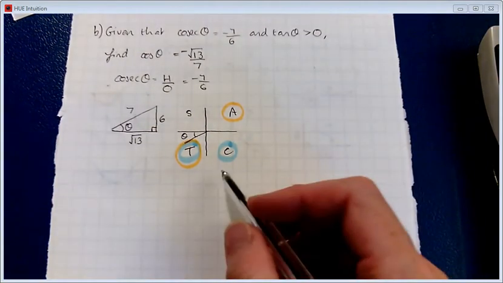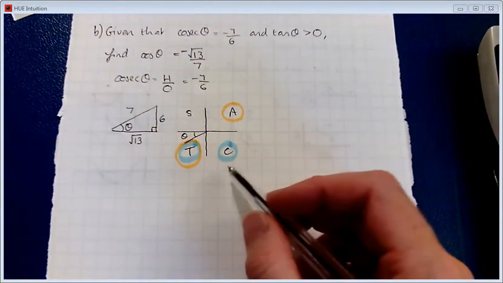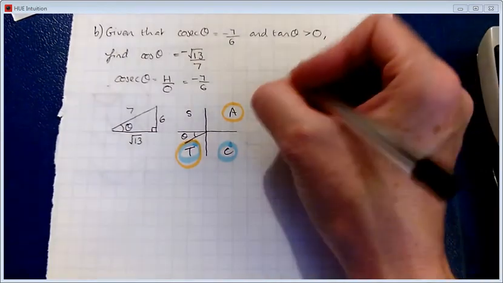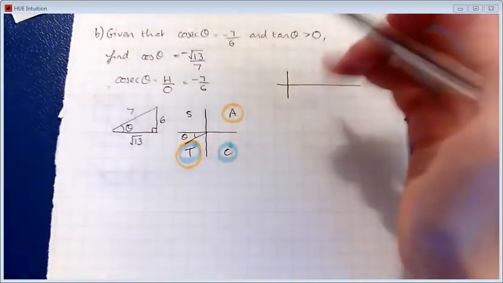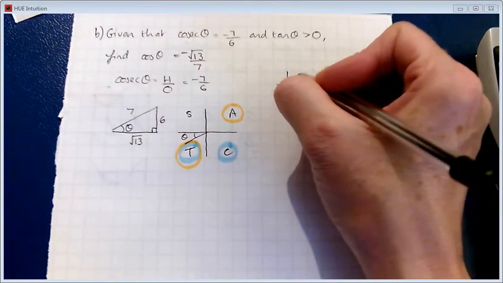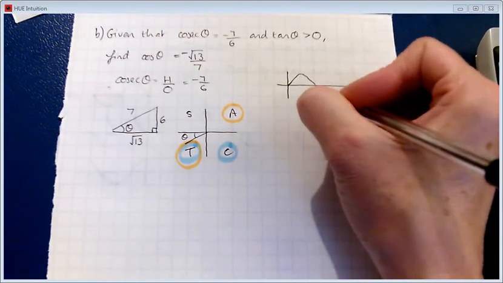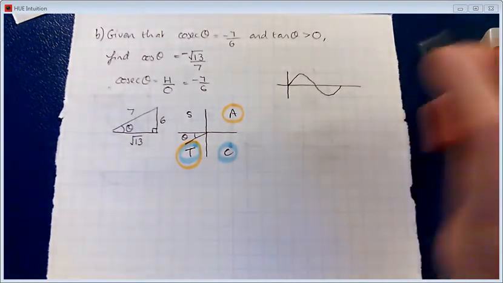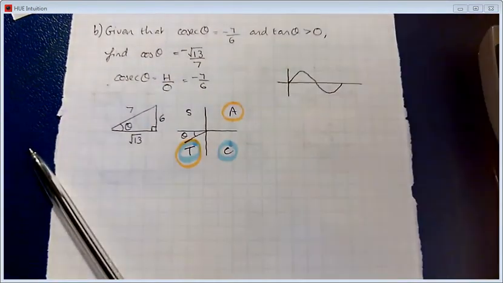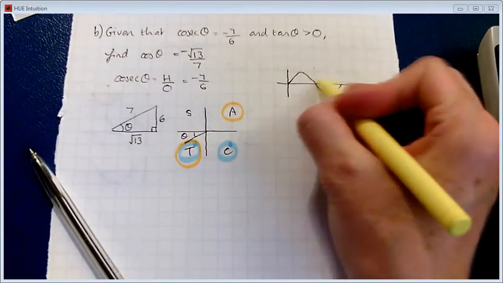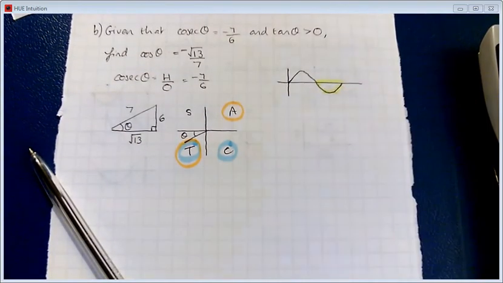If you're a graph person, it's a bit more of a palaver for this one, but it still works. So we start by thinking about cosec being negative. So cosec is 1 over sine. And so we can see that sine is negative for this range of values here, from pi to 2 pi.